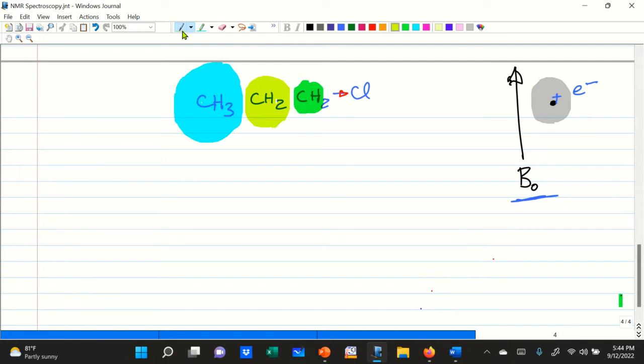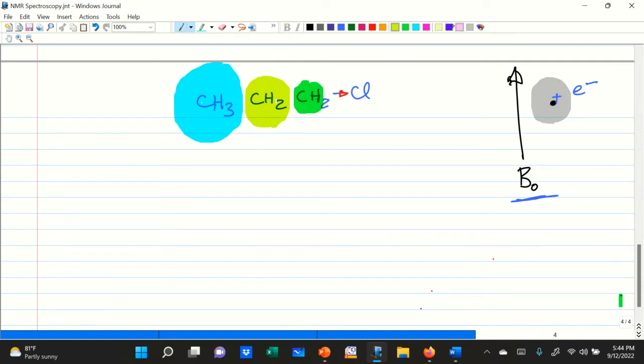It is because of that that different protons are experiencing the external magnetic field differently. If they experience it differently, they are going to resonate differently. Why? Because they are experiencing a different field, so they will resonate at a slightly different magnetic field strength.